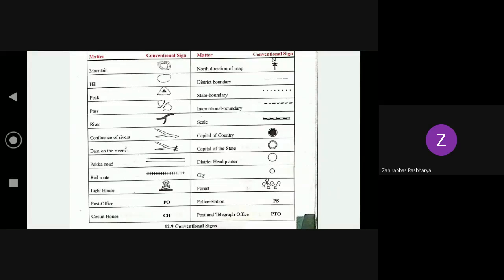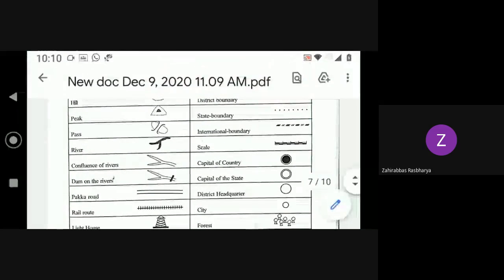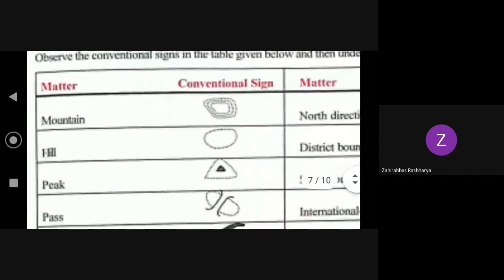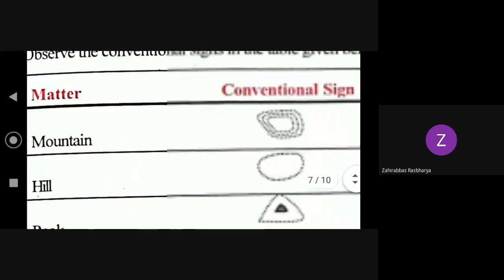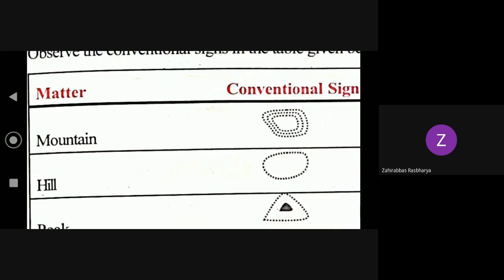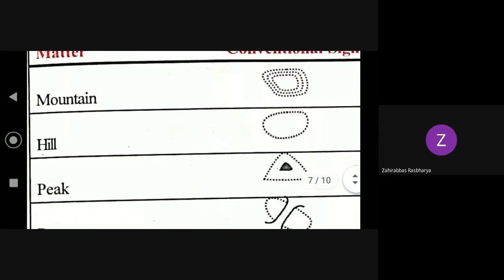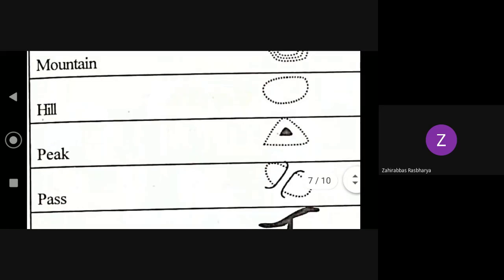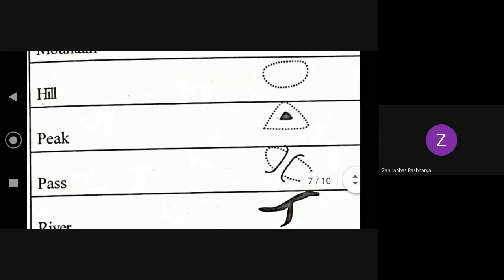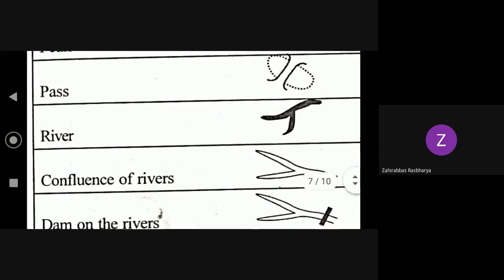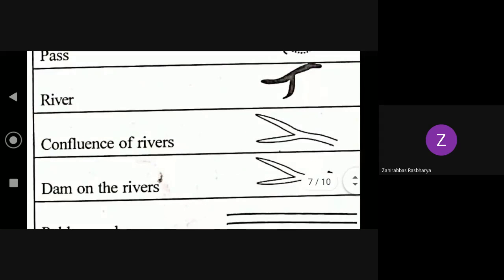Can you see? I'll show you one by one. See, for mountain, this type of conventional sign is there. For hill, this type of sign is there. For peak, this type of sign. For pass, meaning road passing, river, confluence of rivers, where rivers are meeting, right?